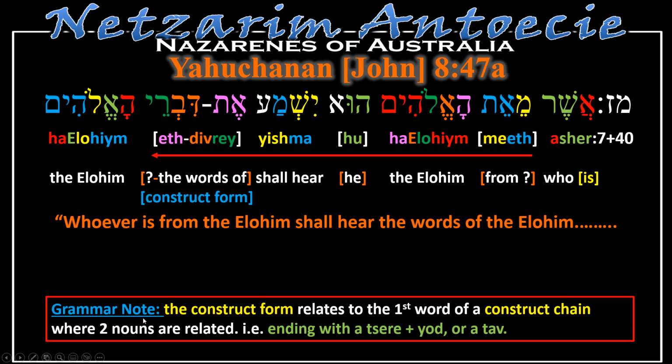Down here, the grammar note says the construct form relates to the first word of a construct chain, where two nouns are related, therefore ending with a zere plus a yod or a tav. That's just to help you determine whether it's construct. So the words of, and then we have ha-Elohim, the Elohim. Whoever is from Elohim shall hear the words of the Elohim.